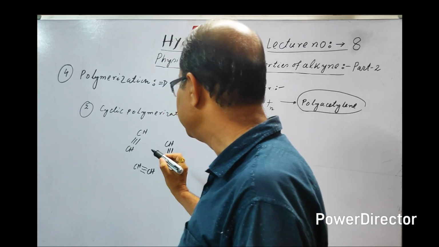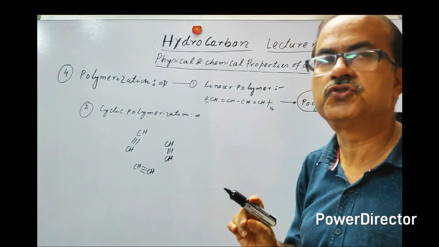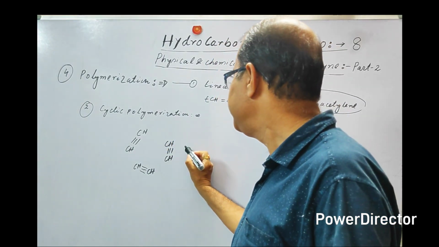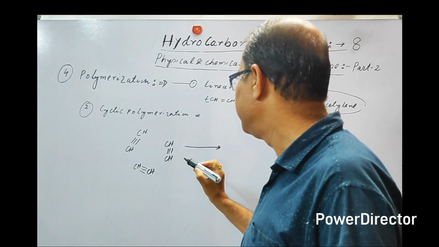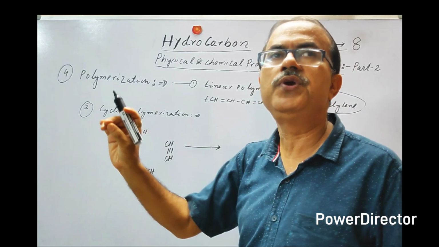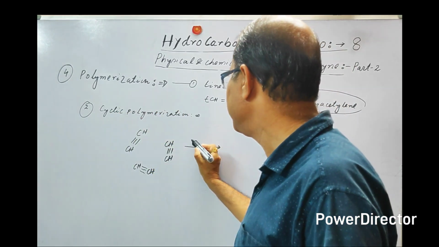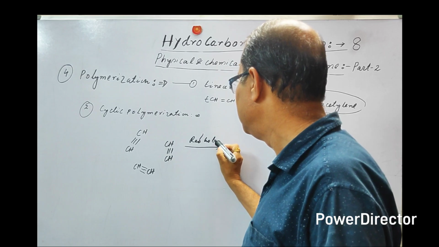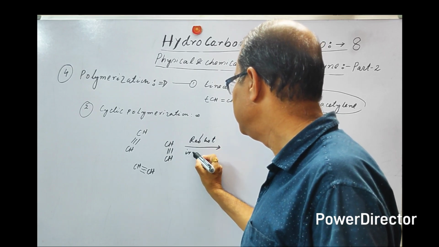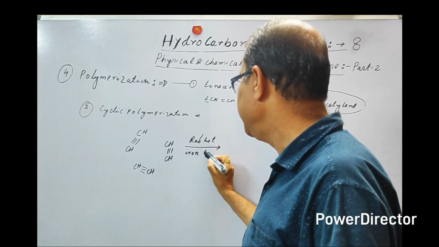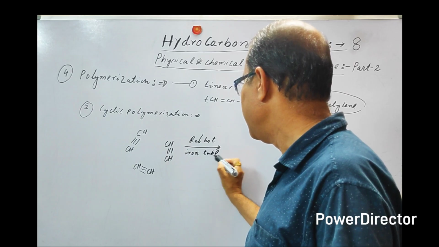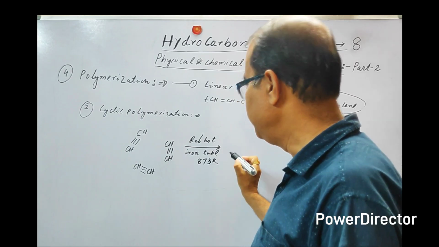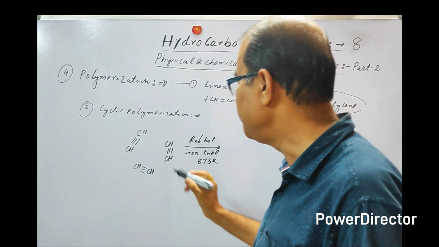You can see here 3 molecules of acetylene, when passed through a red hot iron tube at a temperature of around 873 Kelvin, what is going to happen?